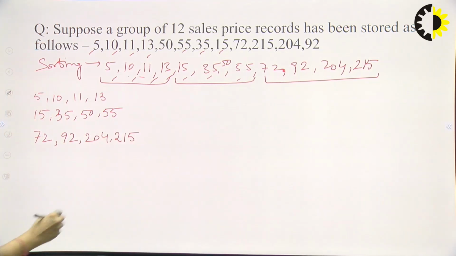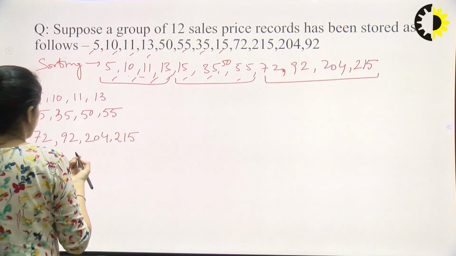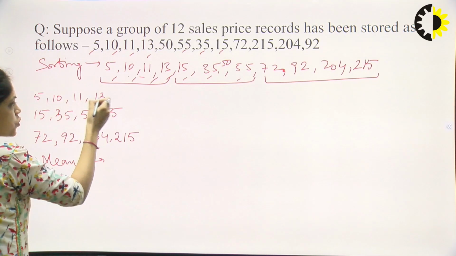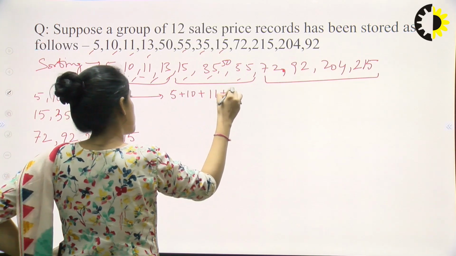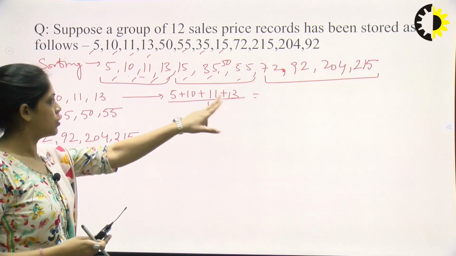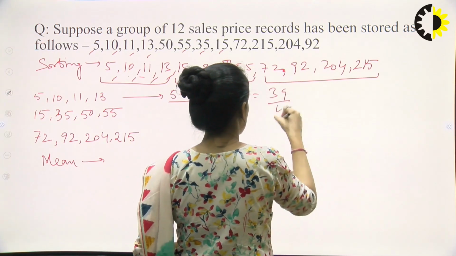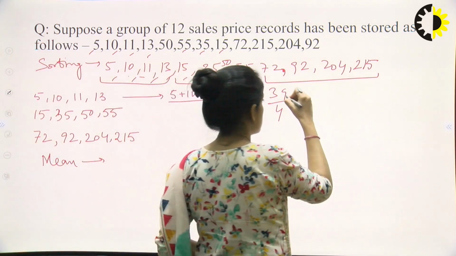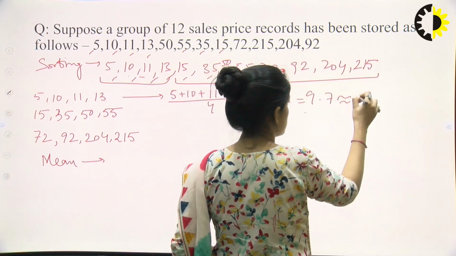So if we talk about binning by mean, we need to take the mean of each bin. That is 5 plus 10 plus 11 plus 13 divided by 4, which gives 39 by 4, approximately equal to 10.